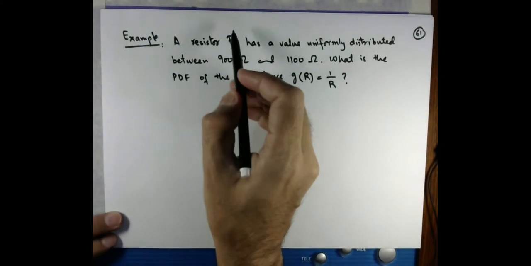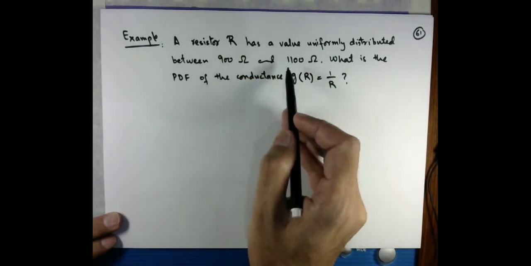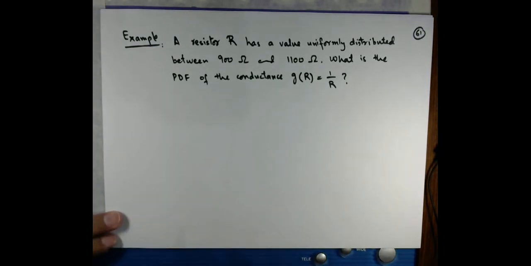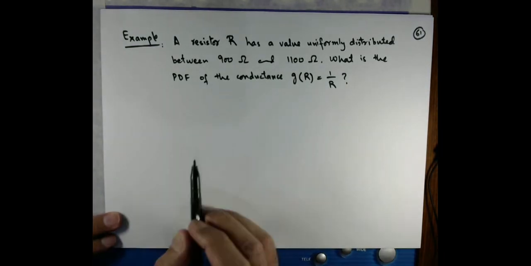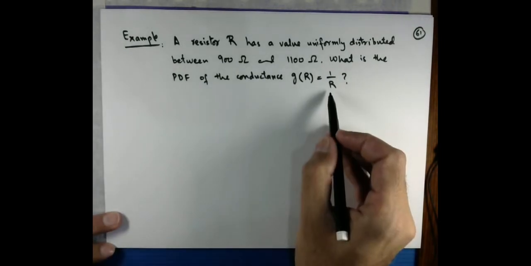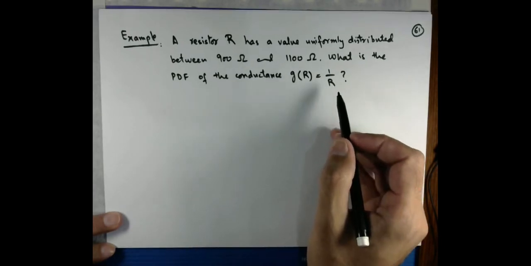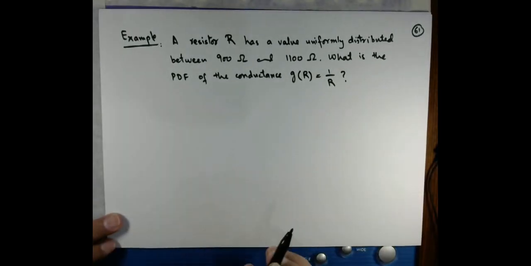So our parent random variable, the source random variable, is R. Its distribution is given and that is a uniform distribution between 900 and 1100 ohms, and we need to find the PDF of the conductance, which is another random variable, call it 1 over R for a while.